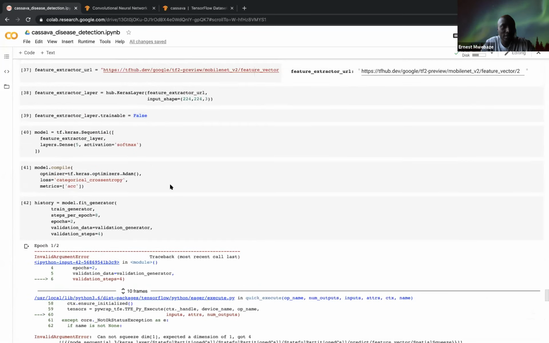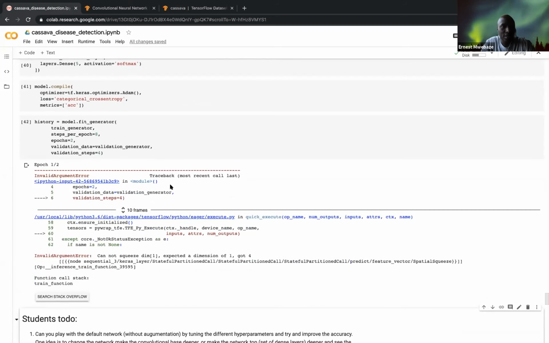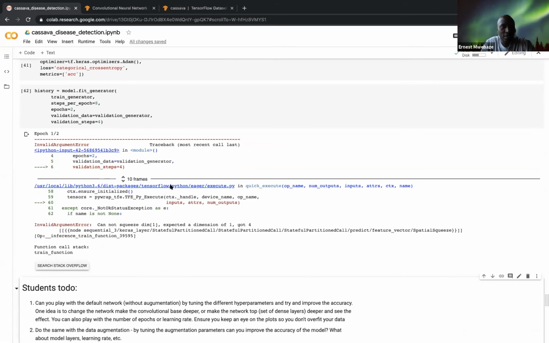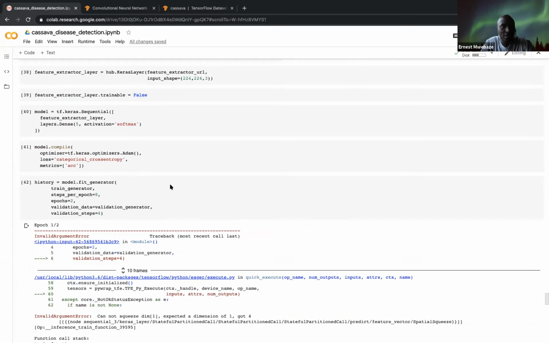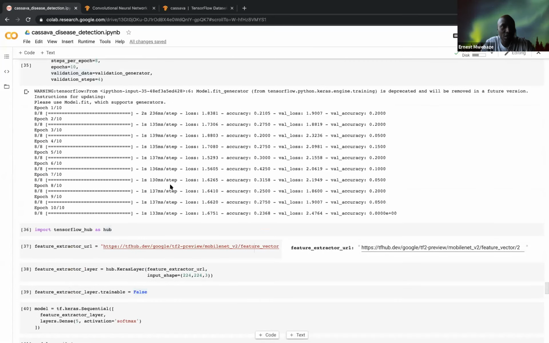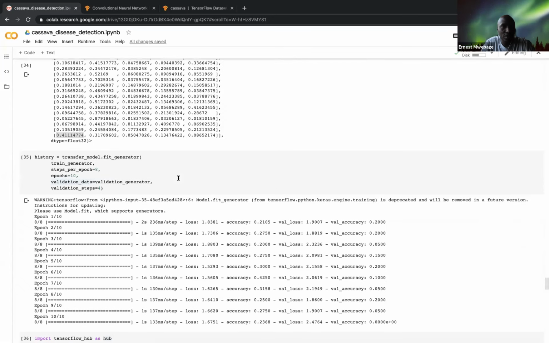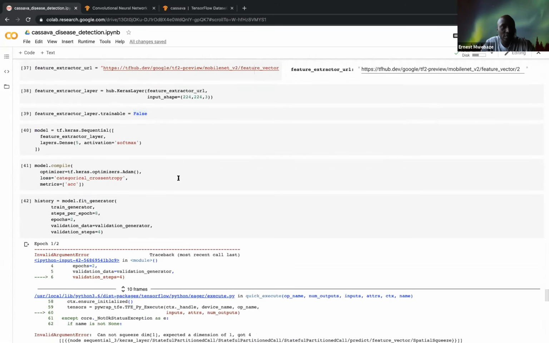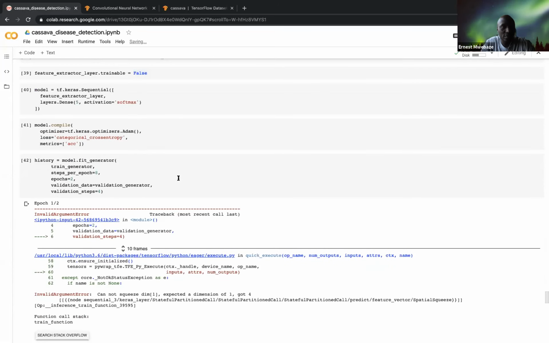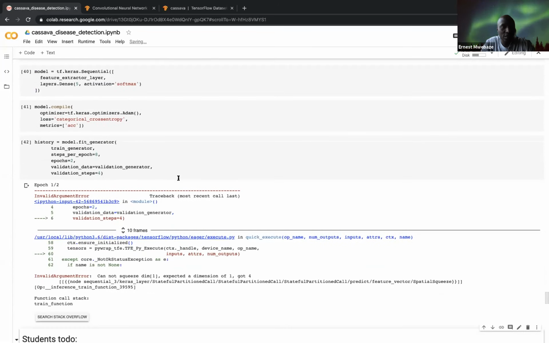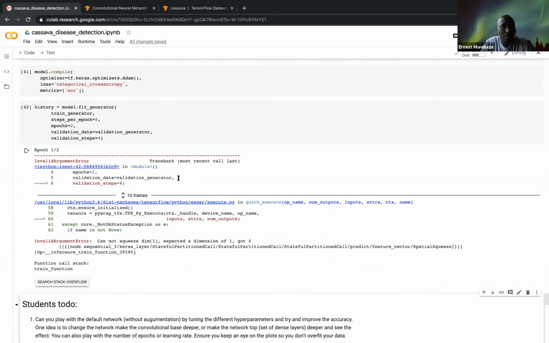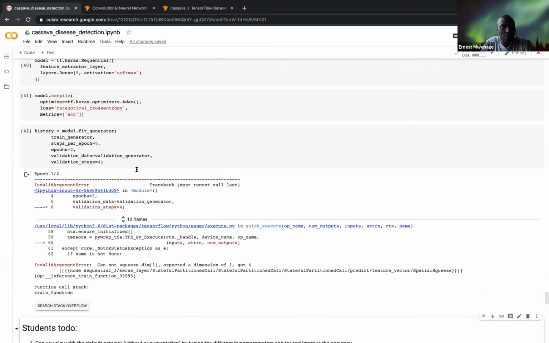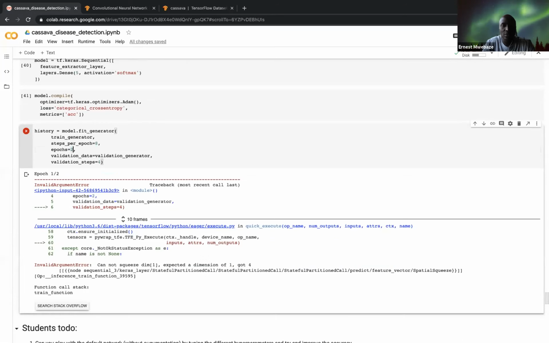Okay. So we get some error. Okay, why didn't I run here? Validation steps. It's complaining about validation steps. Let's make them really small.